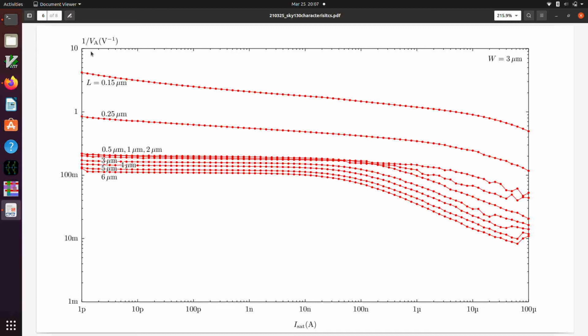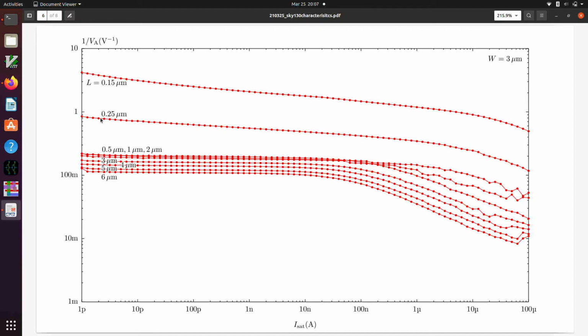This would also be the channel length modulation parameter in normal simple MOSFET models in SPICE. It's sometimes called lambda. But for the NMOS transistors, we again see this compression and only marginal improvement as you increase the channel length over quite a range from 0.5 to 6 microns.